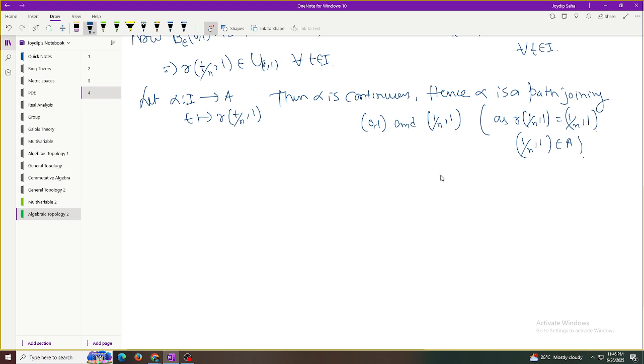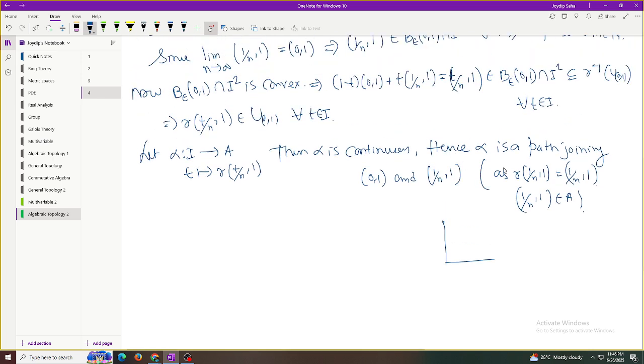So now I leave it as an exercise. Look, he says that it is not locally path connected, so it is our point, and B epsilon(0,1) intersection I square is some, now this is your strips. These are your strips like this.